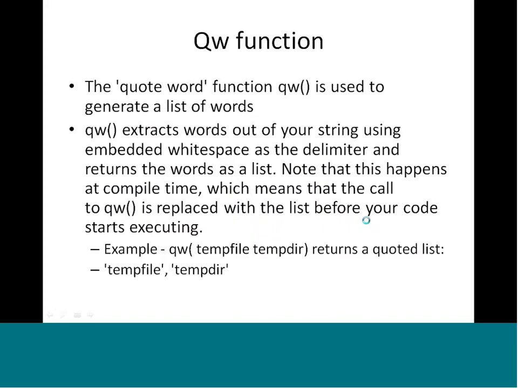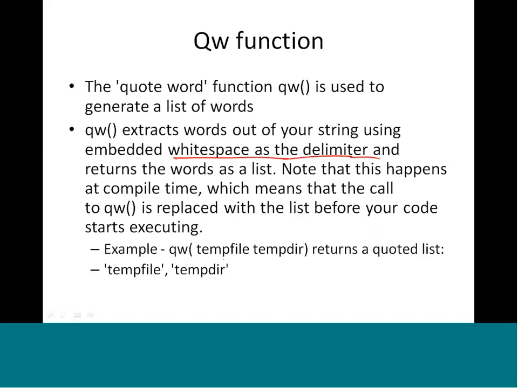So just before that, I wanted to introduce you to one small function which is called the QW function. It's called quote word. It is used to generate a list of words. The QW extracts words out of the string using embedded white space as the delimiter. So this is important. You can change this delimiter to any other delimiters, which you can read up on for this particular command.